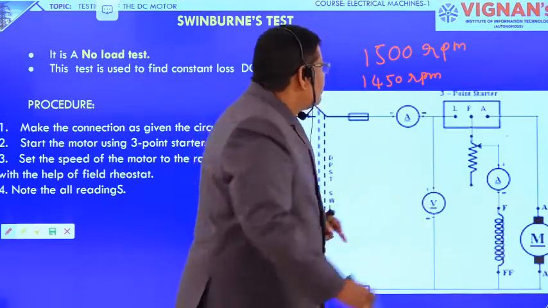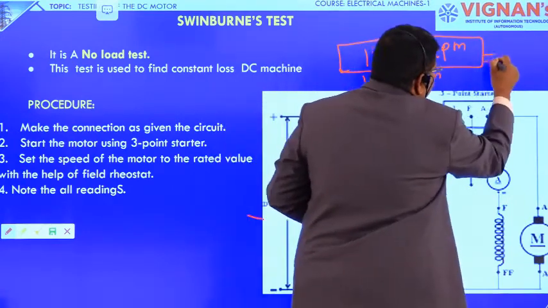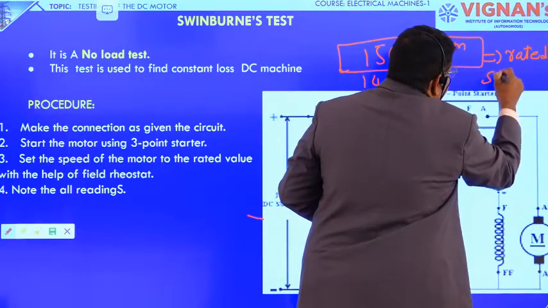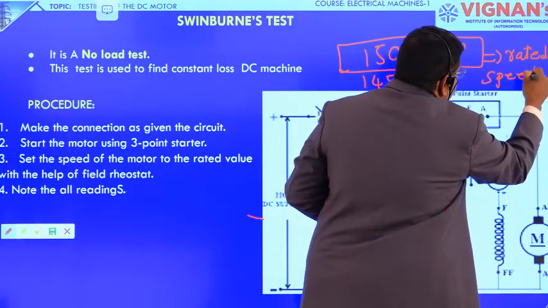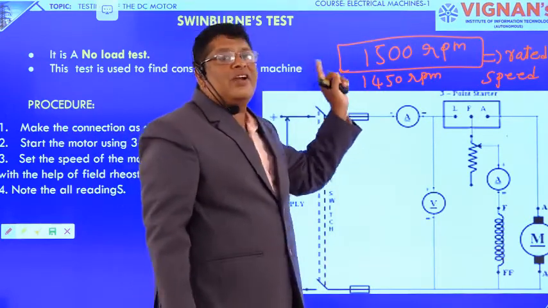Make sure that the speed of the motor is equal to the rated value. Rated speed is very, very important. In this case, we have taken the rated speed as 1500 RPM.